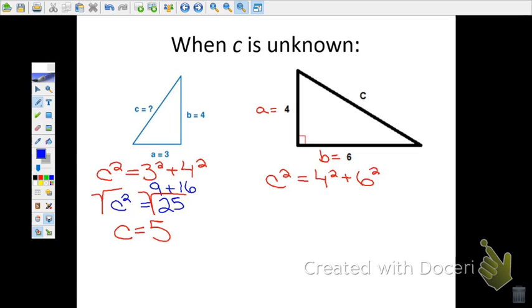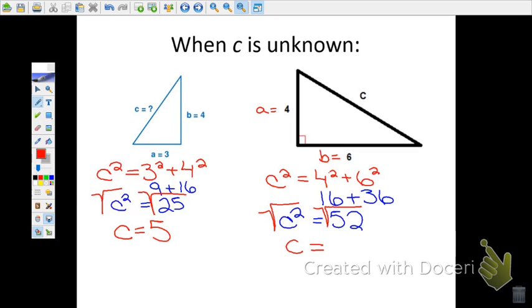And then again, we do the math. 4 squared is 16. 6 squared is 36. Added together, 52. So c squared is 52. But again, I don't want c squared, I want c. So I'm going to take the square root of both sides. The square root of c squared is just c.